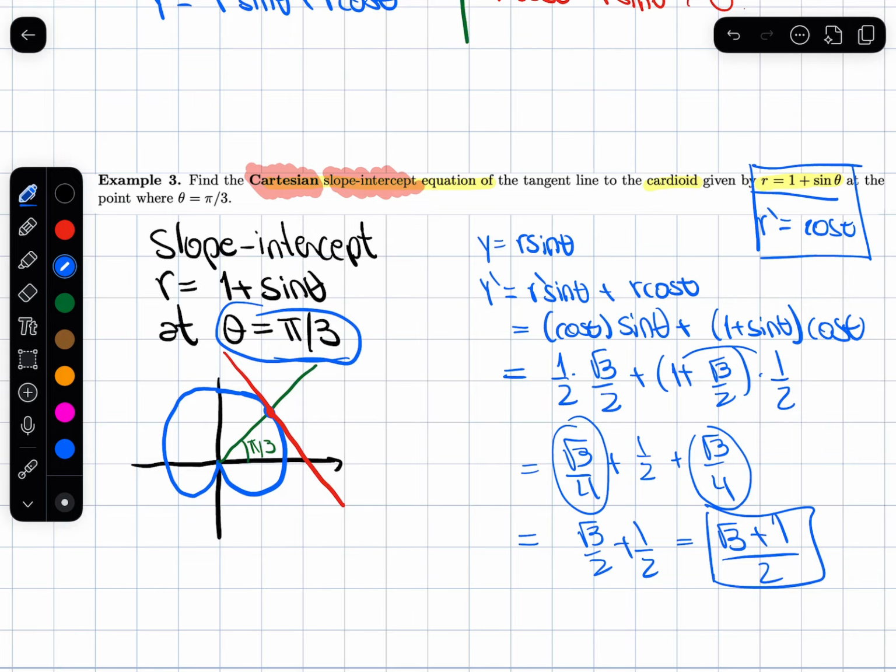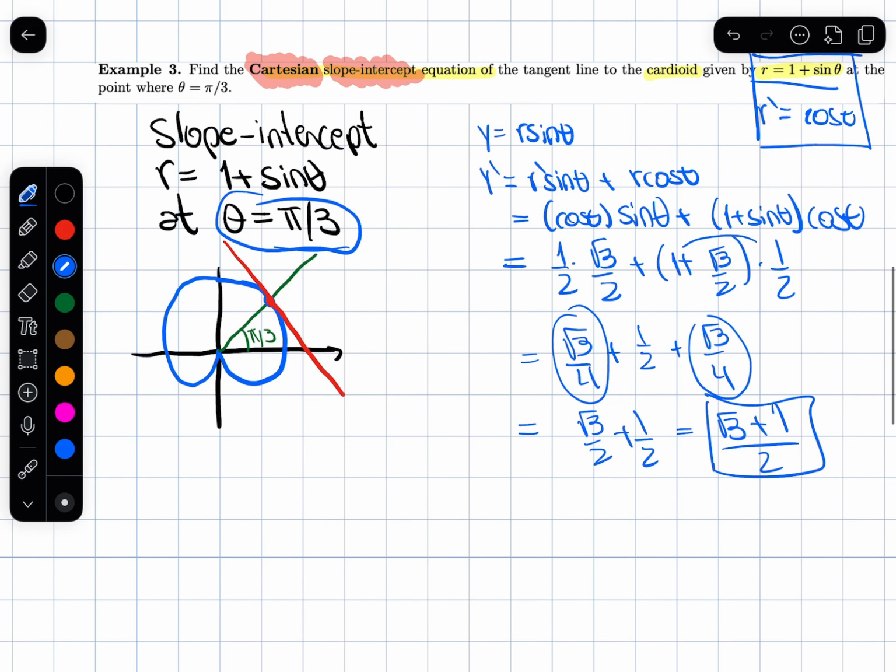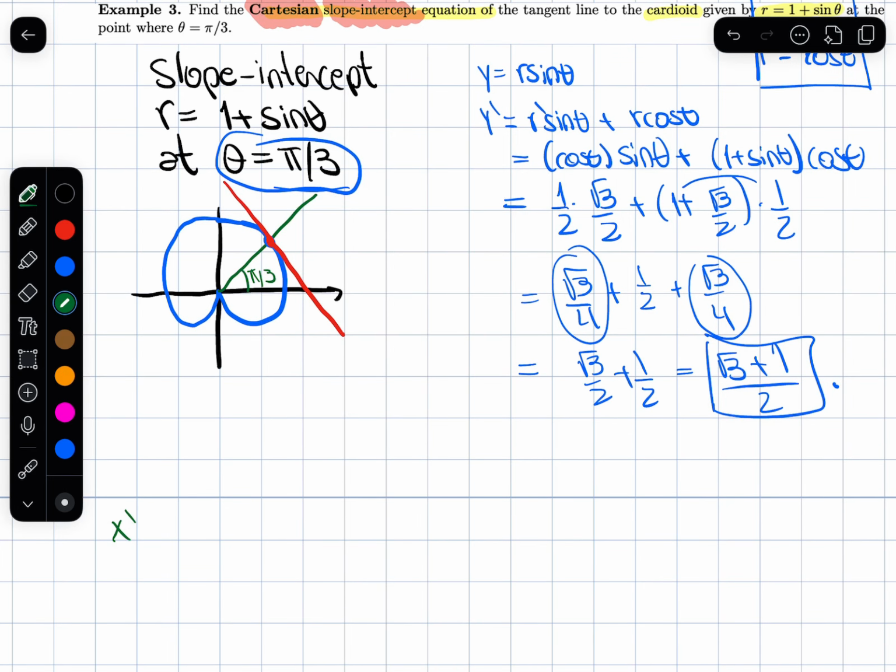Okay. Check to see if I haven't made any mistakes, whenever I'm doing this too fast it is likely that I'll be making mistakes. And then I'm going to go solve for x prime. You know, x, as you know, is r cosine theta. So x prime, when theta is the variable, will be r prime cosine theta minus r sine theta, because the derivative of cosine is negative sine.